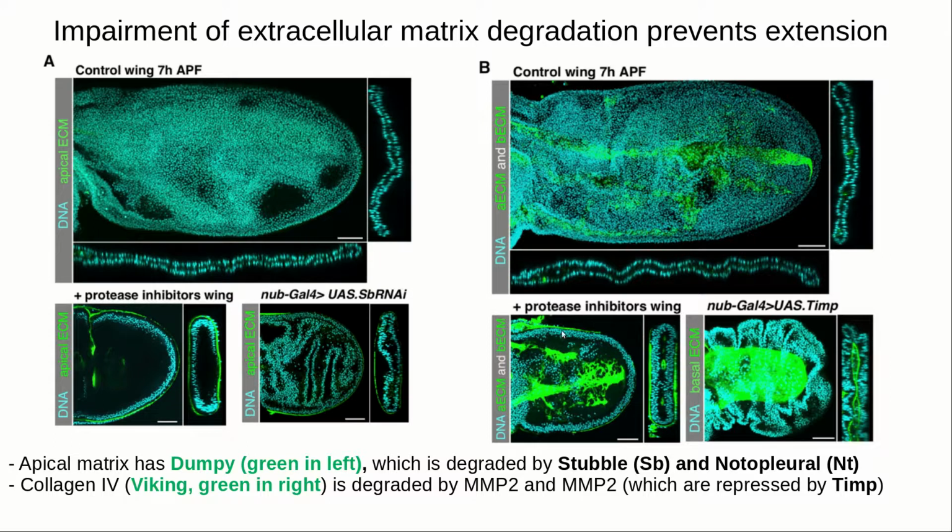If you add a protease inhibitor, or you overexpress TIMP, which is a repressor of the proteases that degrade collagen, in either case the basal matrix is not degraded, as you can see here in the inner part of the disc, and the wing does not elongate. The expansion process does not take place.